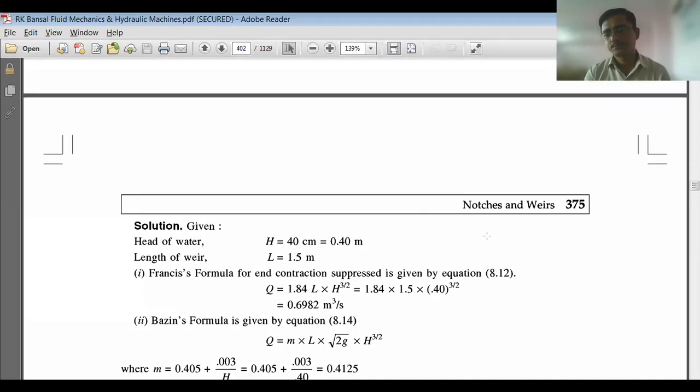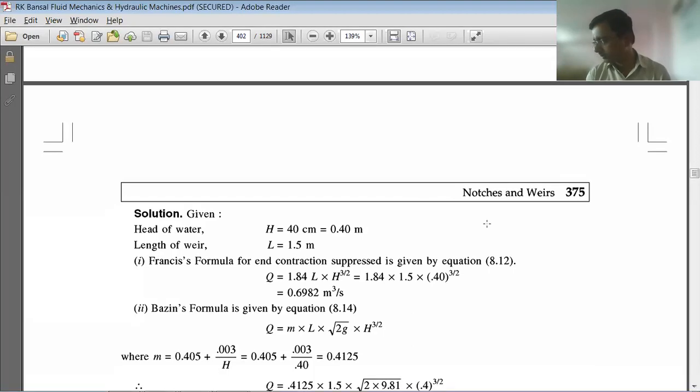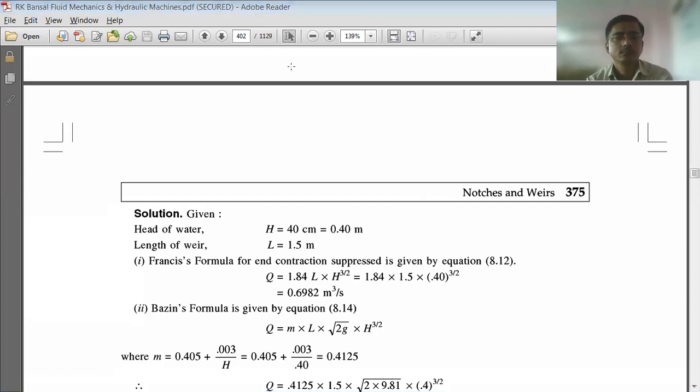What is the answer? Correct. Shivangi, then Suprabha and Priyanka have got the correct answer. So this was a simple problem.